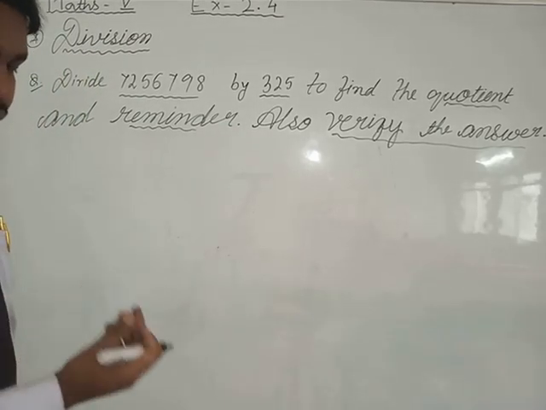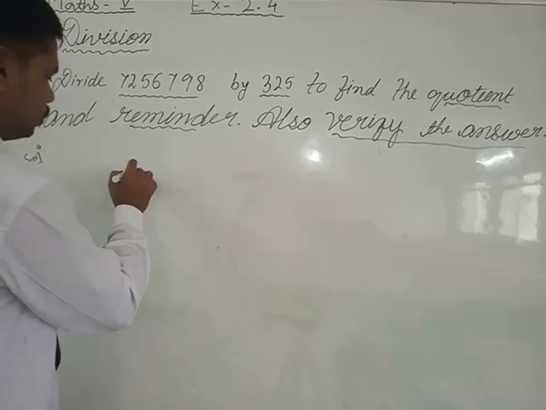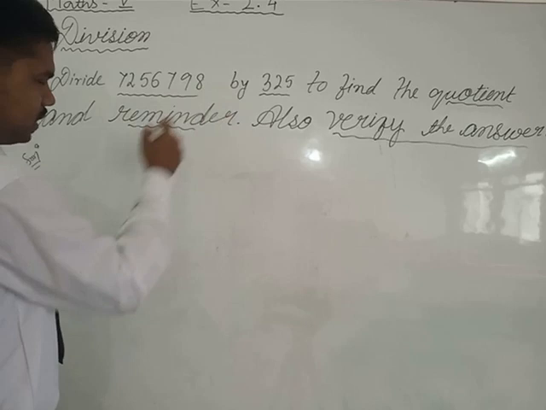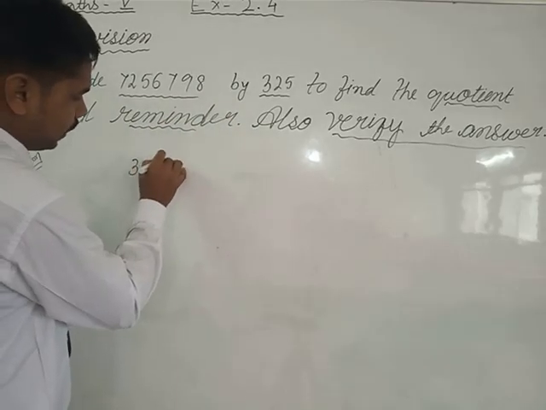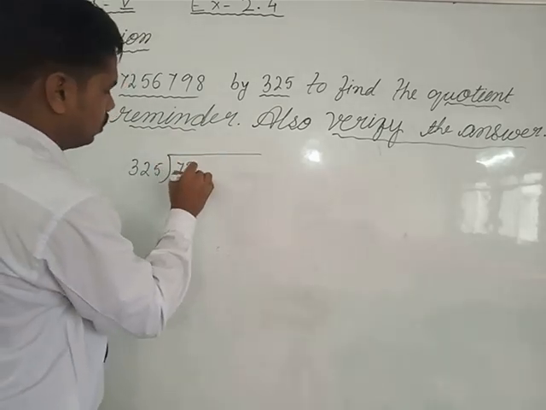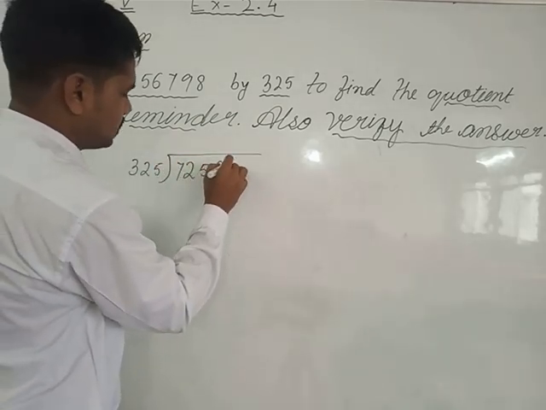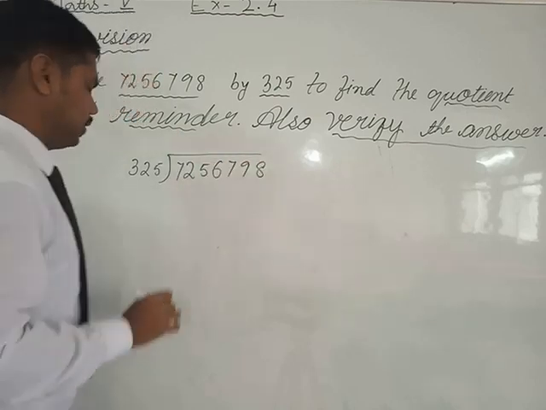So we have to divide this much by this. 3 2 5, 7 2 5 6 7 9 8.